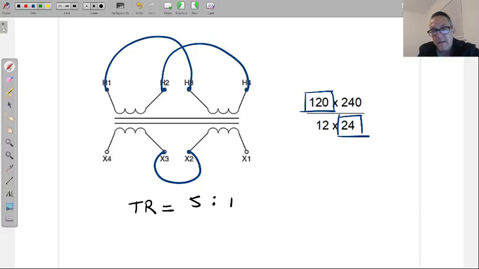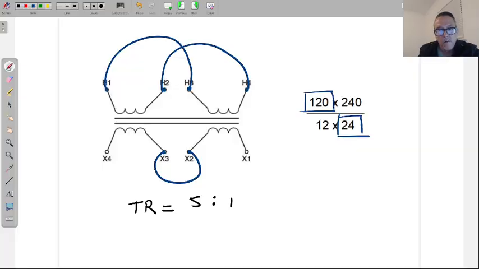What you're setting up is a transformer that's going to convert whatever voltage you put on the primary side to 1/5 of it. That's the important part to take away, because it translates also to how you're going to receive some questions and for labs as well.